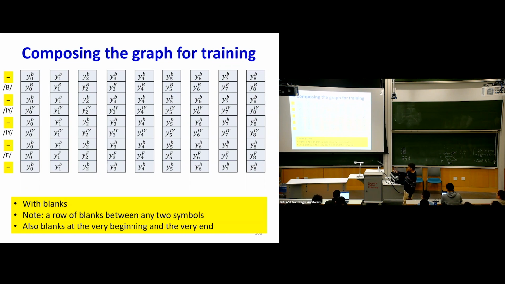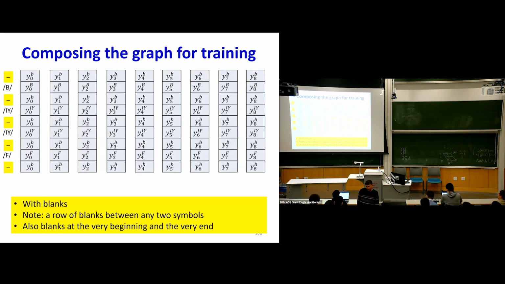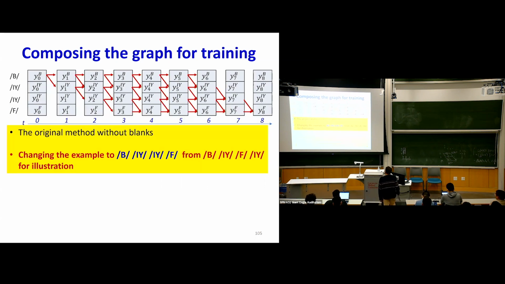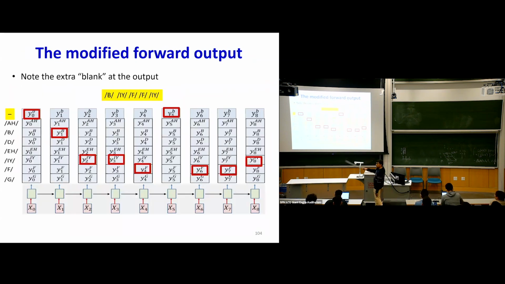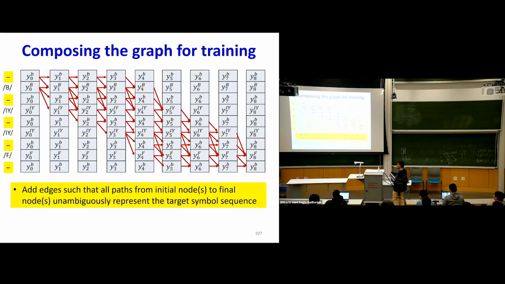So I'm going to introduce a blank between every 2 symbols in my graph. Instead of just saying B, E, E, F, I'm going to introduce a blank before the first symbol, after the last symbol, and between every 2 symbols. But all of those blank rows are identical because I basically grabbed the top row of this table and copied it in each position, right? Just so. And now here's my graph.